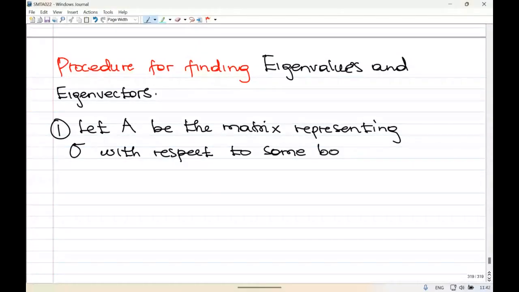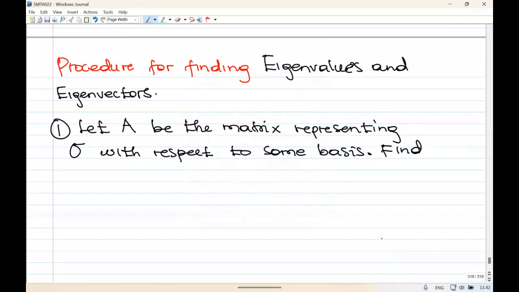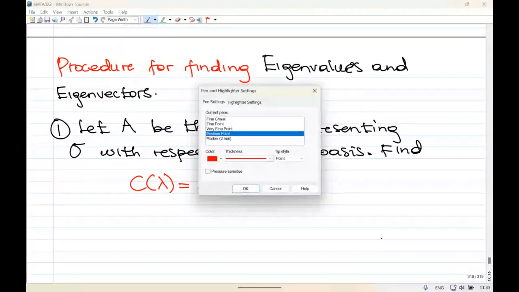In our case, to find number one, we agreed that you are going to get your characteristic matrix, which is A minus lambda I. Do you still remember this? We did that on Wednesday.